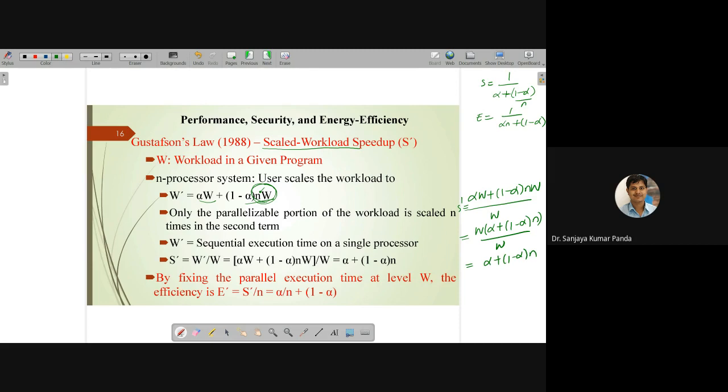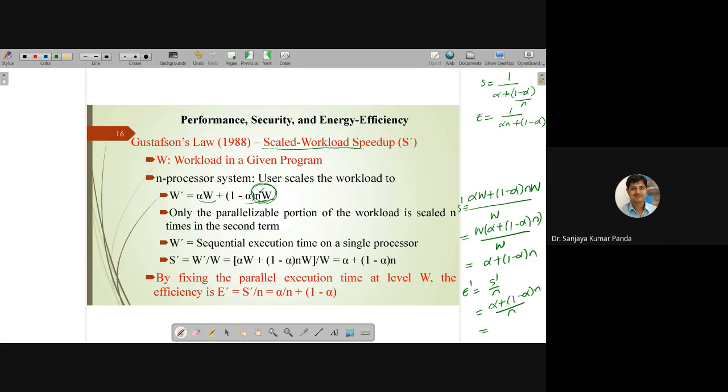Now, if I ask you to go for efficiency, efficiency E days is nothing but S days divided by n. S days you have calculated as alpha plus 1 minus alpha n.